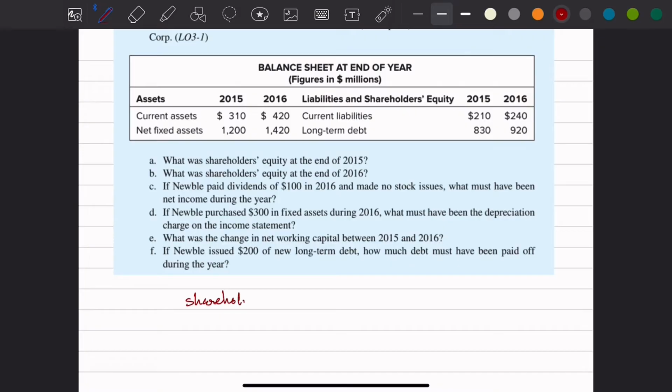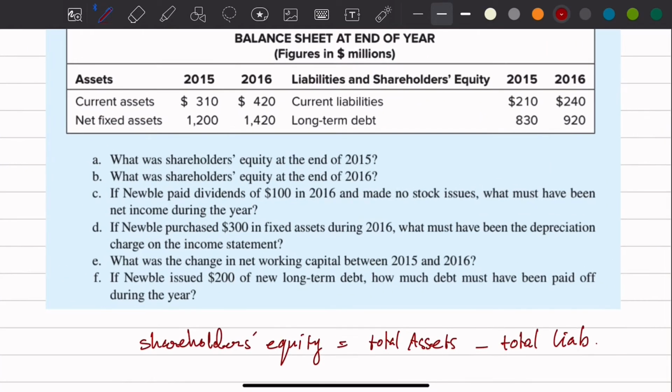Shareholders' equity is going to equal total assets minus total liabilities. So to figure this out, we need to first calculate the total assets and total liabilities.